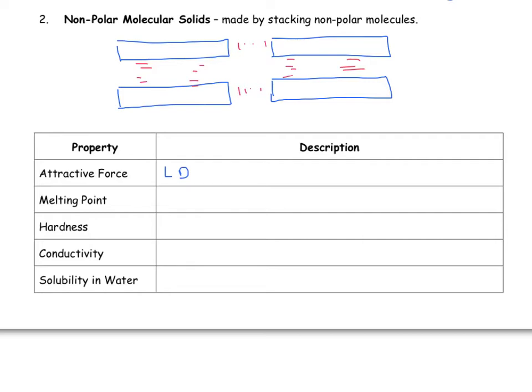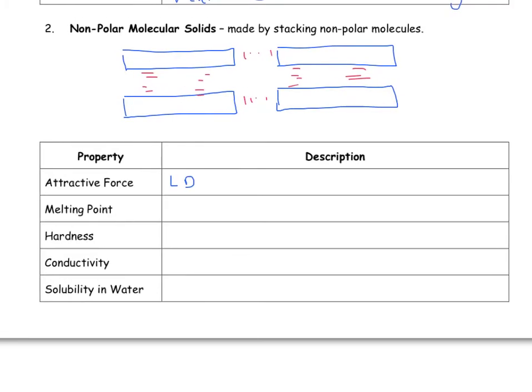But London dispersion forces are fairly weak. So that means in terms of melting point, all nonpolar molecular solids have low melting points. Now there's a big range depending on what size of building block you use.